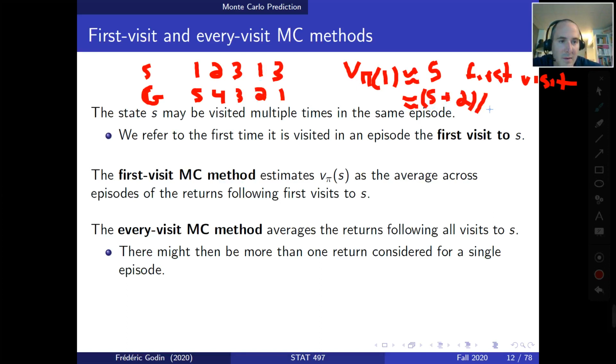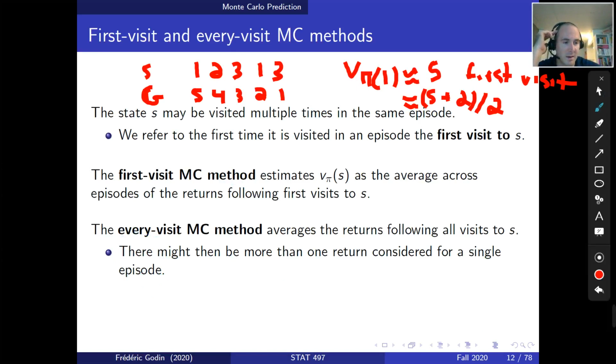So here 7 divided by 2, which is 7 halves, okay, or 3.5. Okay, so in the first visit method, you estimate the value of the state as the average across all paths of the return in the first visit to state S, whereas in the every visit method, you average not only returns in the first visit, but returns in all visits to S.